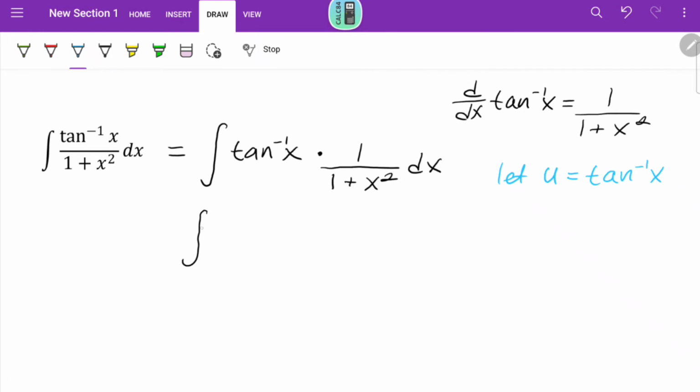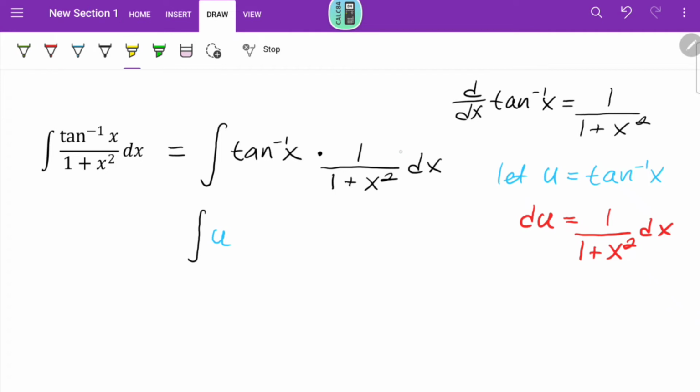U is inverse tangent. Take the derivative of u. That is going to be du, and that's going to equal the derivative of inverse tangent, 1 over 1 plus x squared. And then put the dx over here.